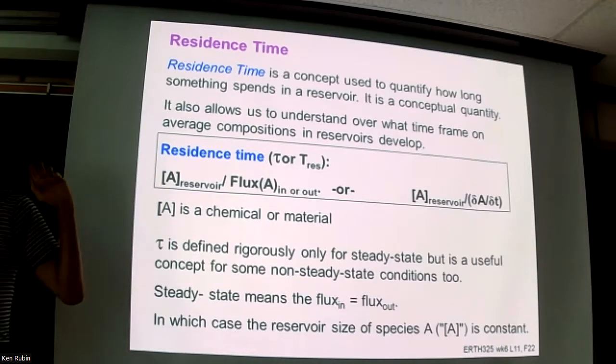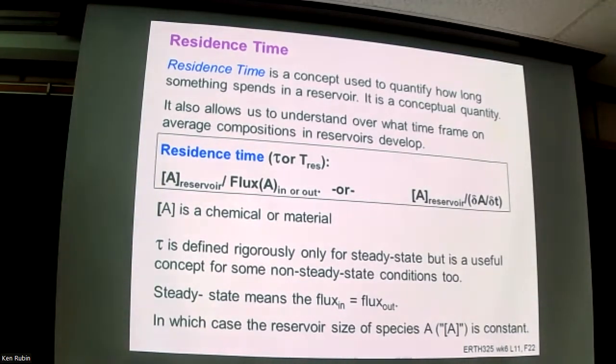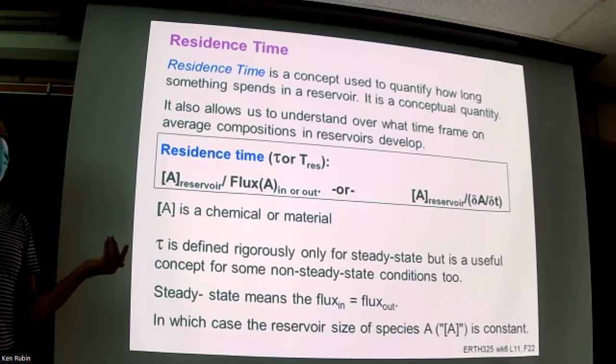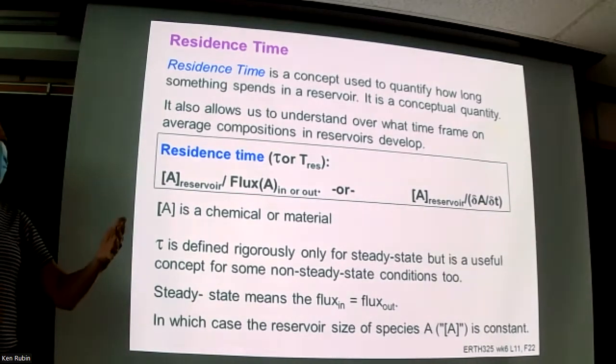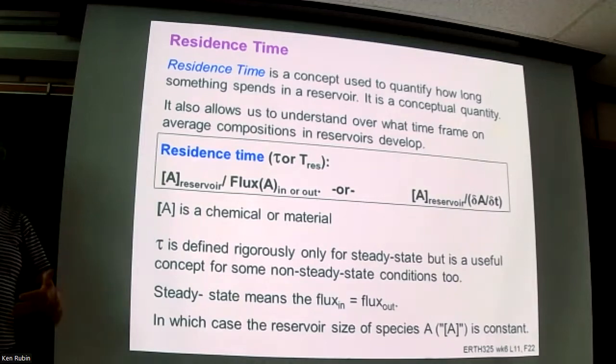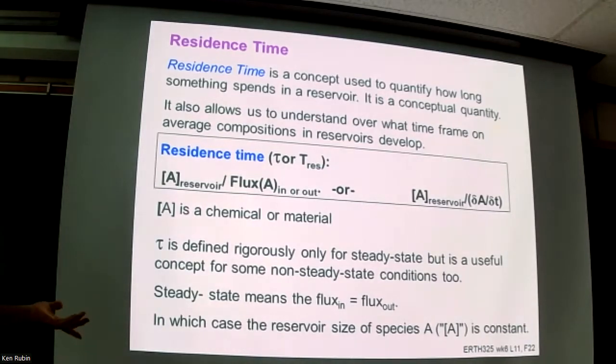Now you can do it for something like all the water molecules in the ocean, or all the water molecules in the atmosphere, or you could do it for all the sodium ions dissolved in the water in the oceans. So it can either be the thing that makes up the reservoir or something that's dissolved into the reservoir or a part of the reservoir.